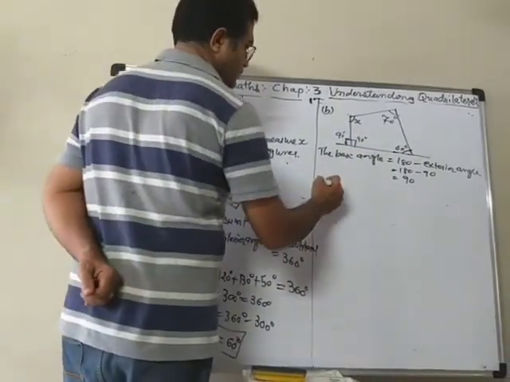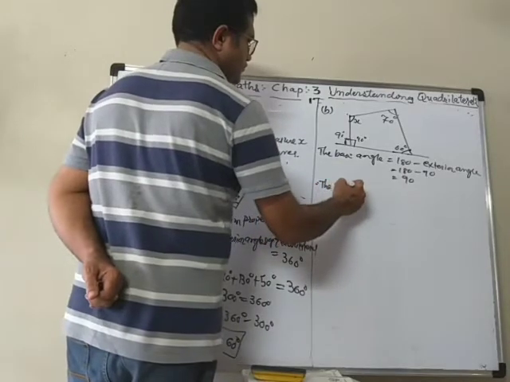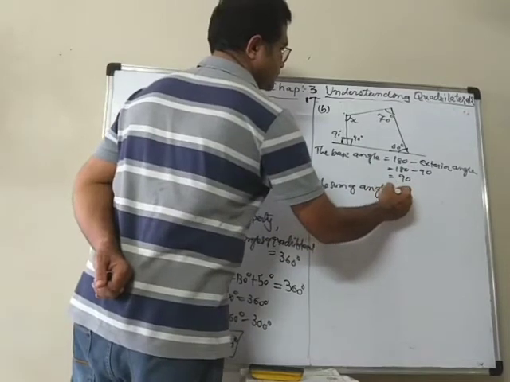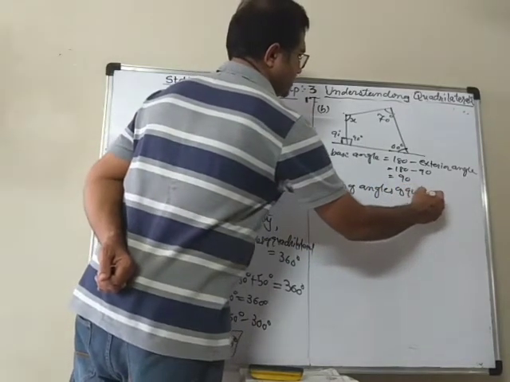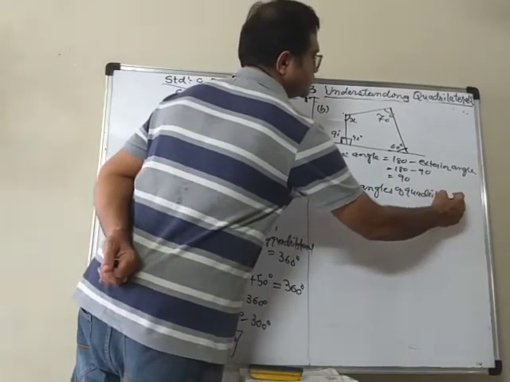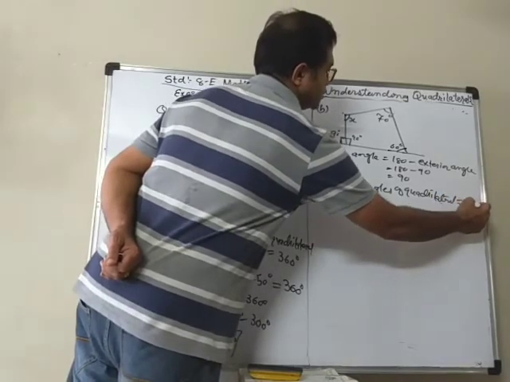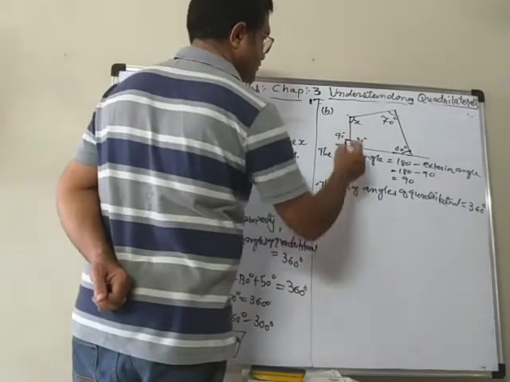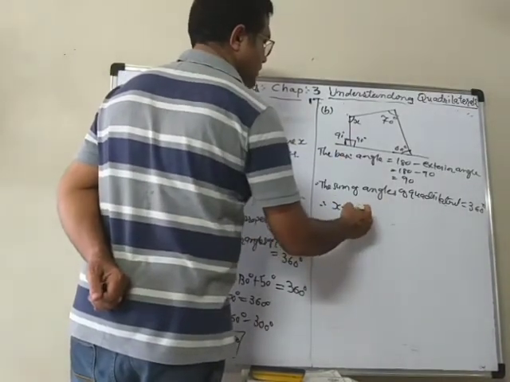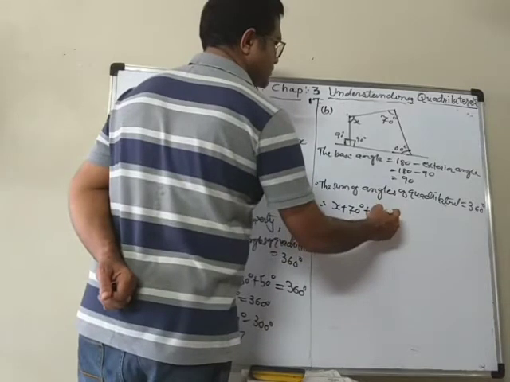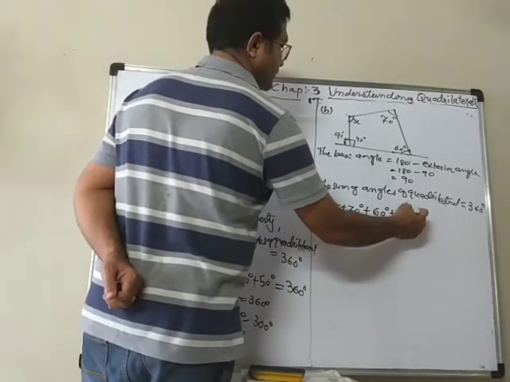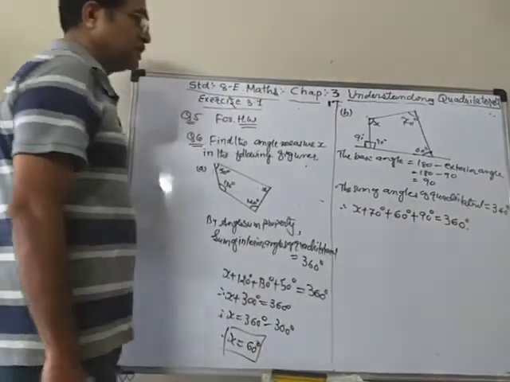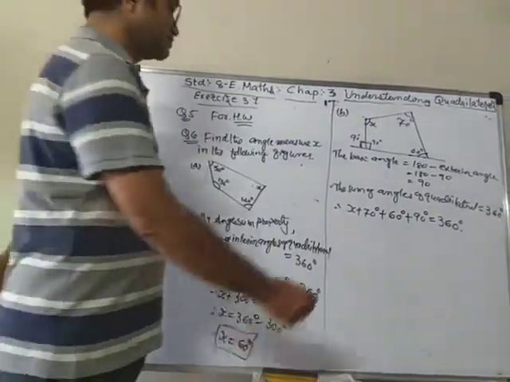So now therefore the sum of angles of a quadrilateral is equal to 360 degree. Therefore, we can say that x plus 70 degree plus 60 degree plus 90 degree is equal to 360 degree.